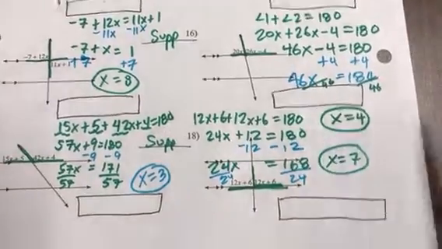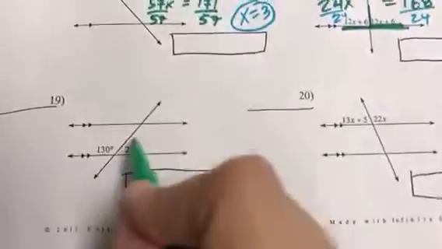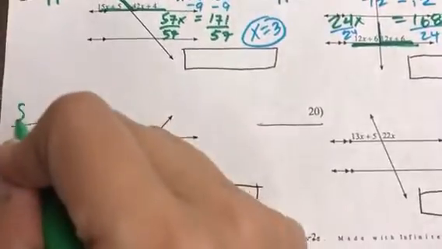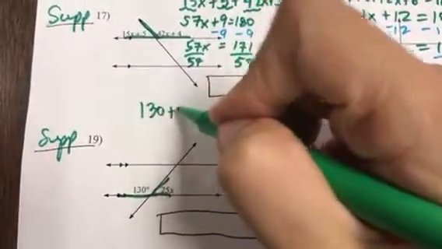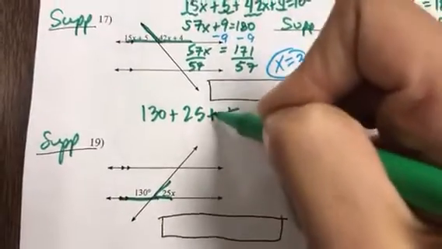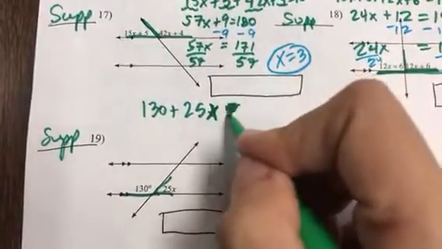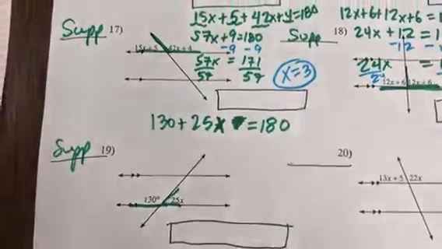I get x is 7. Ooh, one's skinny, one's big. Definitely supplementary. So 130 plus 25 has to equal 180.